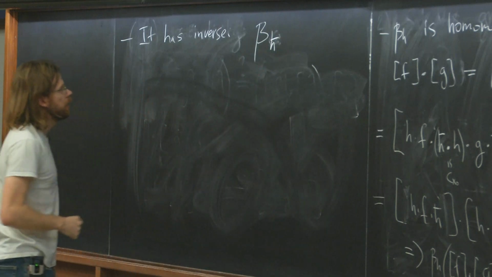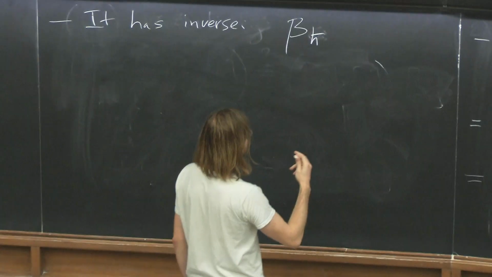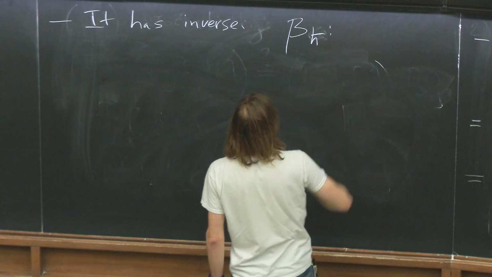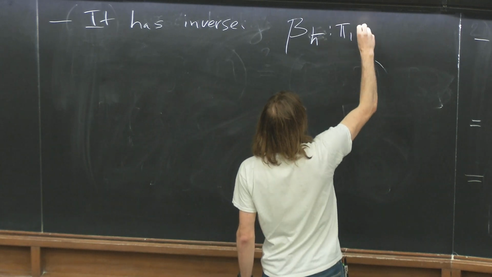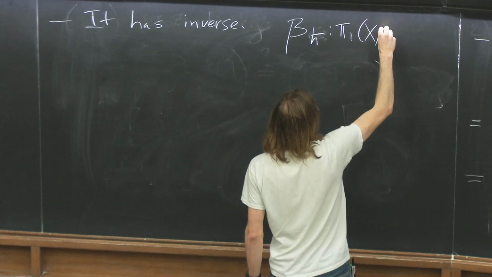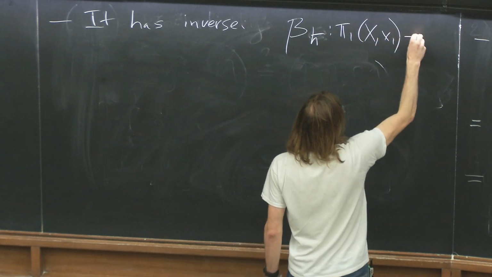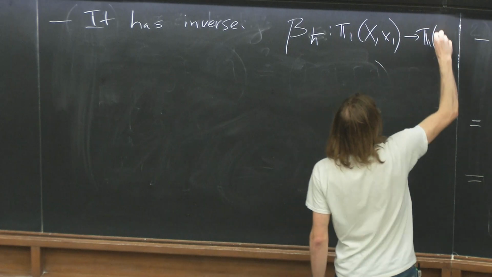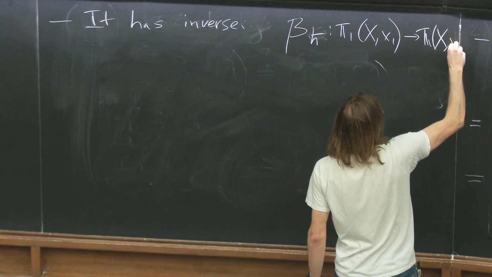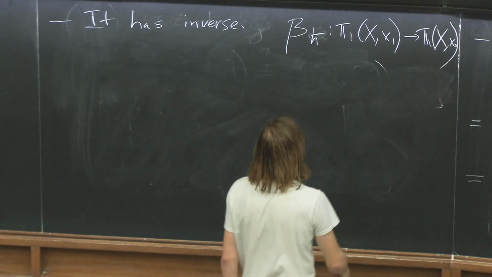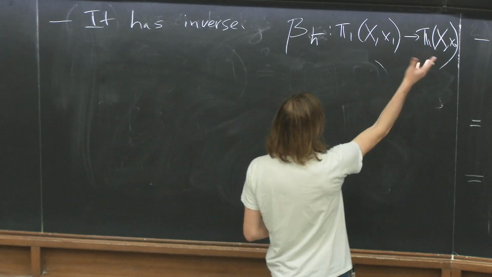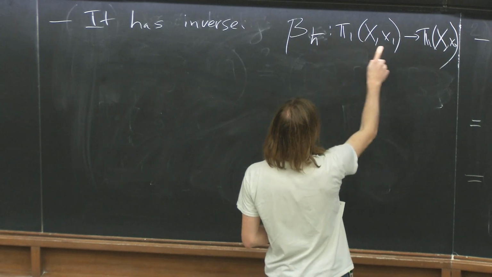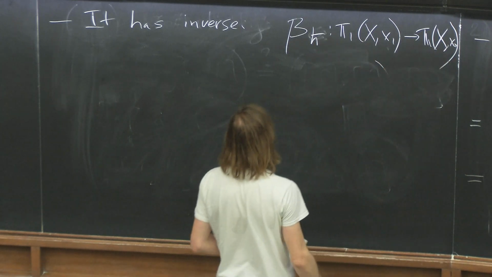If I swap the roles of x0 and x1, I can consider beta h bar as a map from pi1 of X, x1 to pi1 of X, x0, right? Just swap the roles of x1 and x0, and we know that h bar is now a path from x1 to x0.